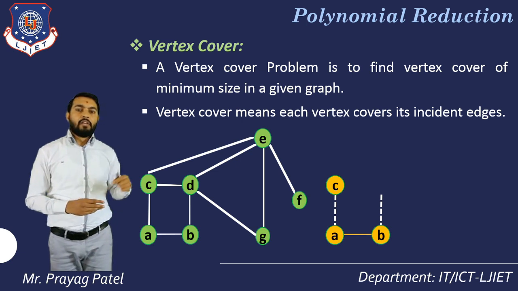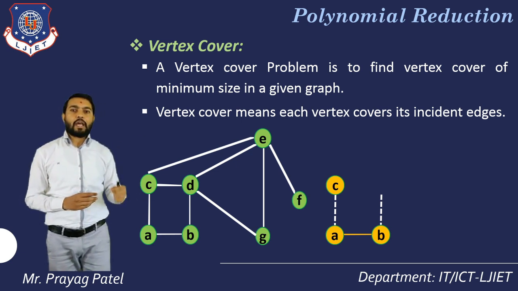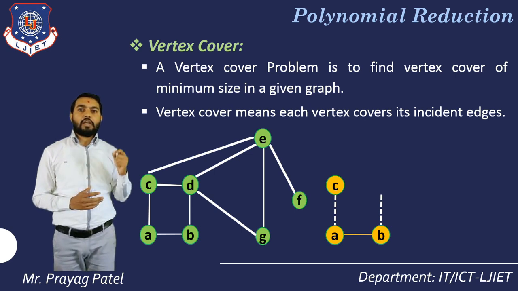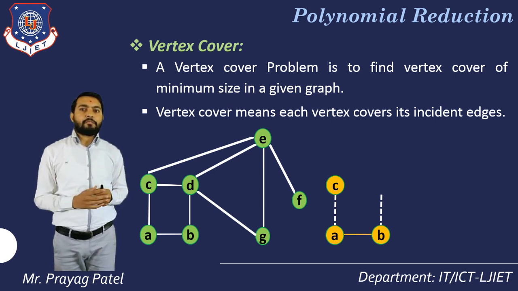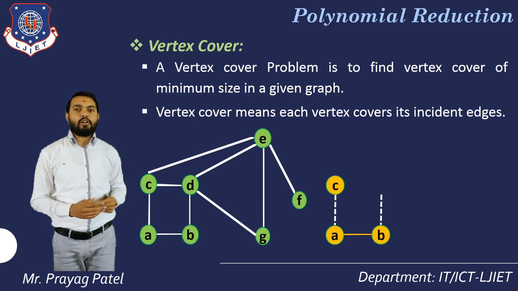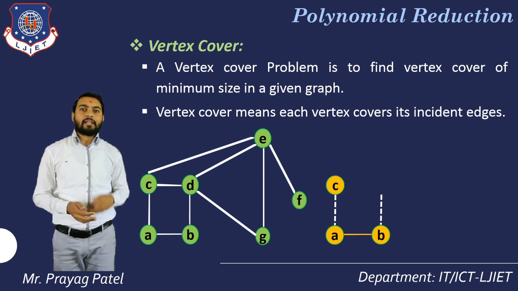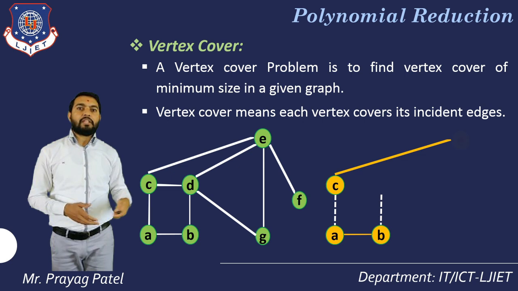Now after that, once again we have to select one node as a new starting node. So from the remaining nodes C, D, E, F and G, out of these 5 nodes, select any node as a starting node. So here we select C as the starting node. Now after that, select one another node and one edge between these two nodes.